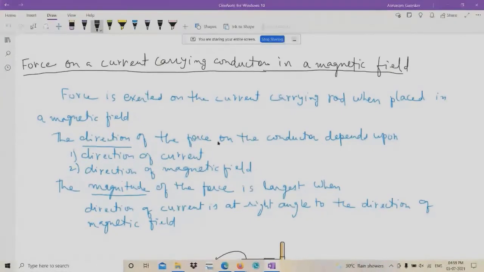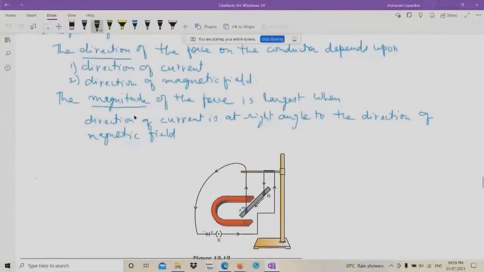The direction of the force on a conductor depends upon number 1, the direction of the current, and number 2, the direction of the magnetic field. Now the force is largest when the direction of current is at a 90-degree angle, or right angle, to the direction of the magnetic field.